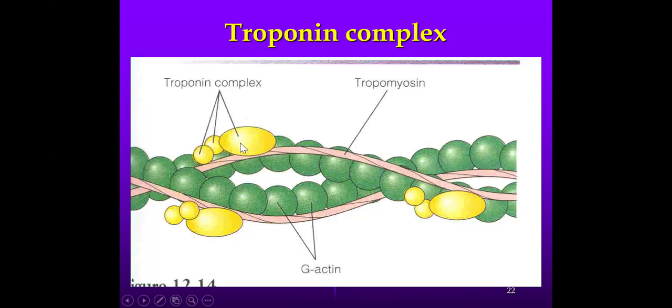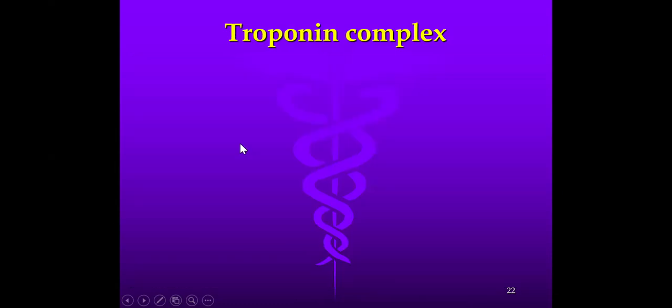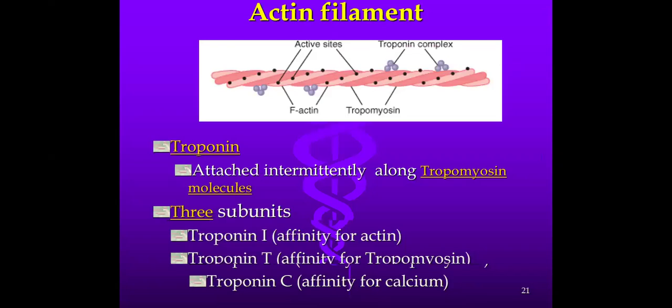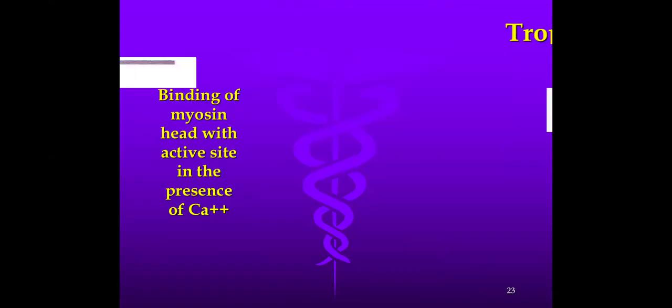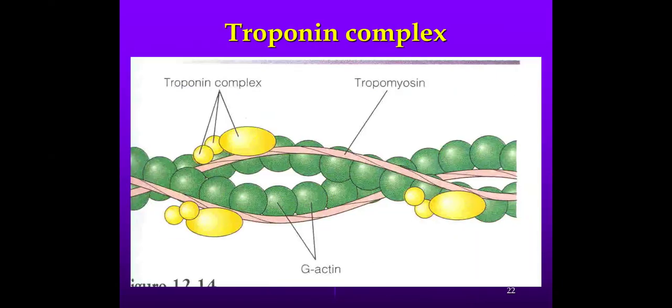One is the troponin I, the other is the troponin T, the other is the troponin C. This is the tropomyosin, and the green one is the F-actin, and now it is the actin.